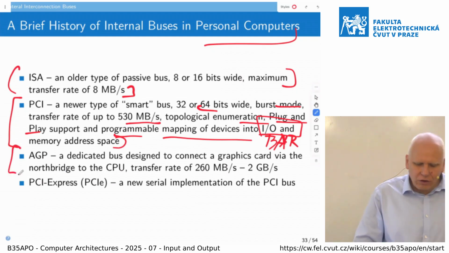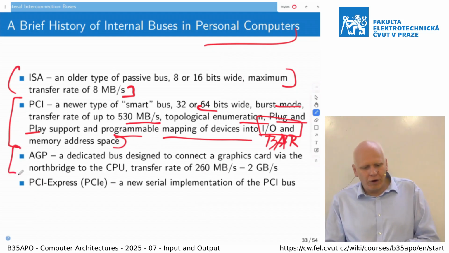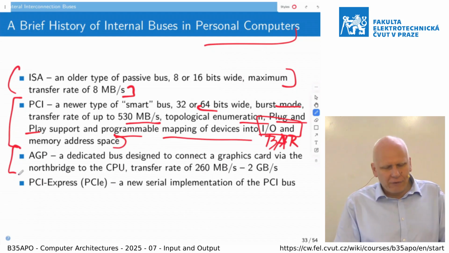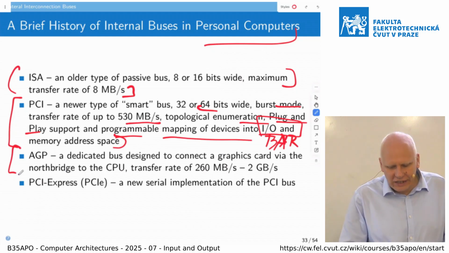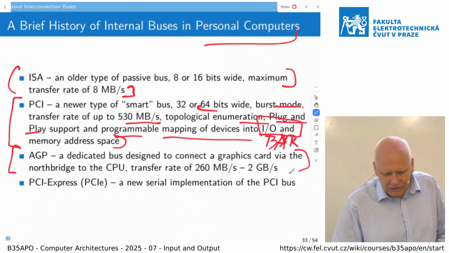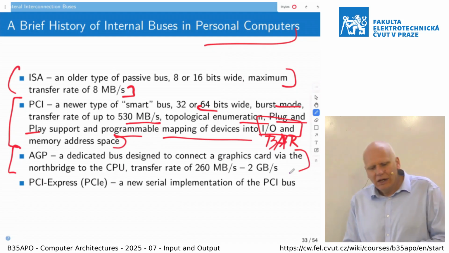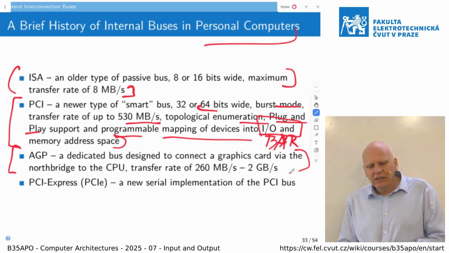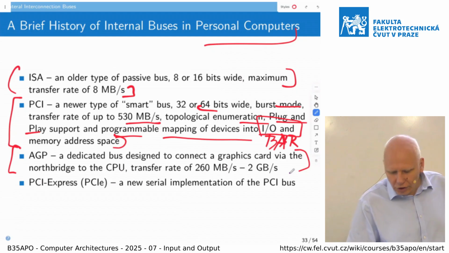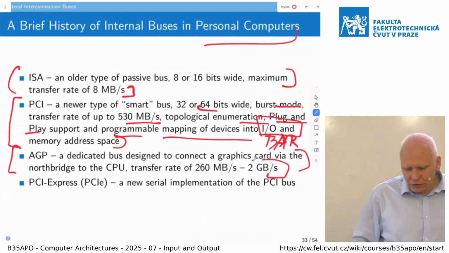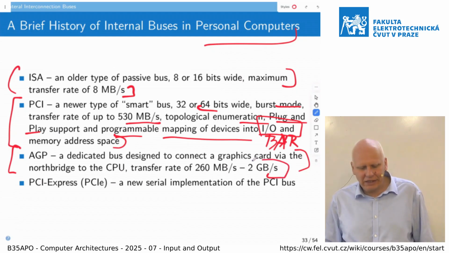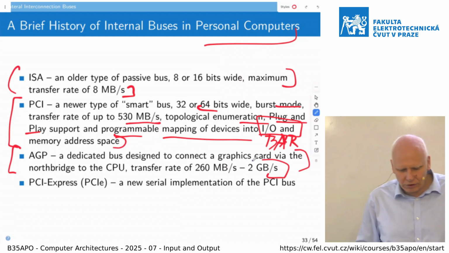But even that communication was too slow for the fast graphical accelerators, so a dedicated bus based on the PCI was defined, which allows connecting high-throughput graphic accelerators and sometimes even network controllers.